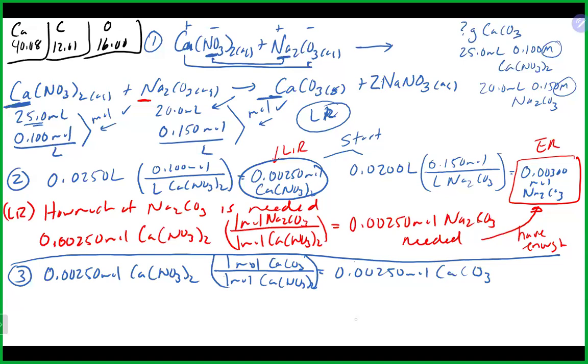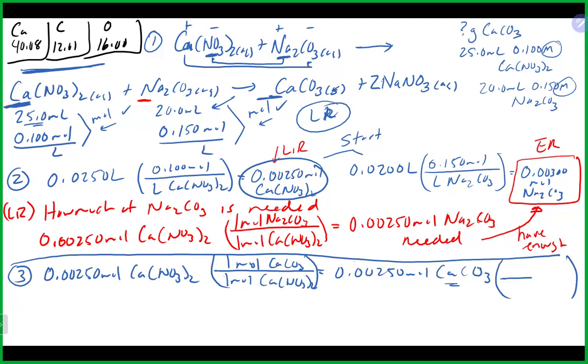And we do want to know how many grams, so we're going to go to the molar mass and calculate the molar mass of calcium carbonate. That's 1 calcium at 40.08 plus a carbon at 12.01 plus 3 times 16 for our oxygens. That's 100.1 grams per mole.